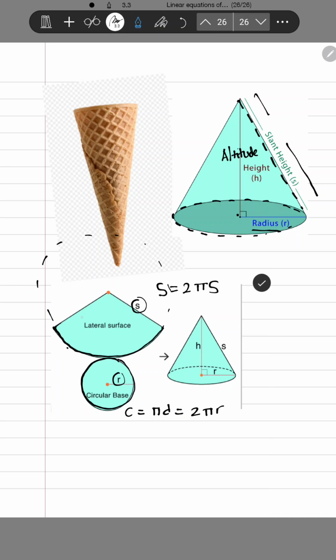Now, which part is this section of the circle? When we think about the area, we need to know what part of the bigger circle it is.